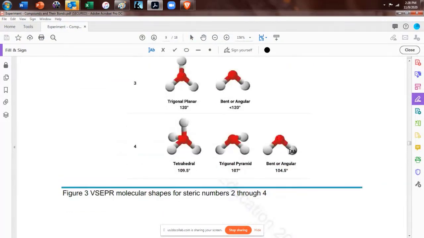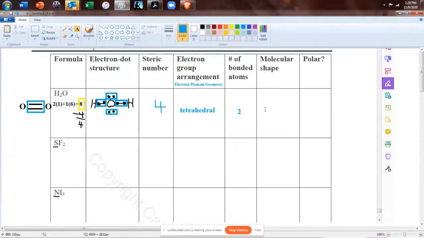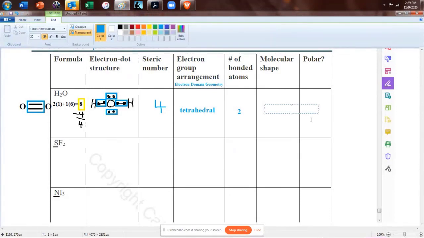If I have only 2 bonded atoms, those 2 atoms that are bonded are still the same shape. But the lone pairs don't count as part of the molecular geometry. So this is just going to be bent. For the molecular shape, molecular shape is bent.